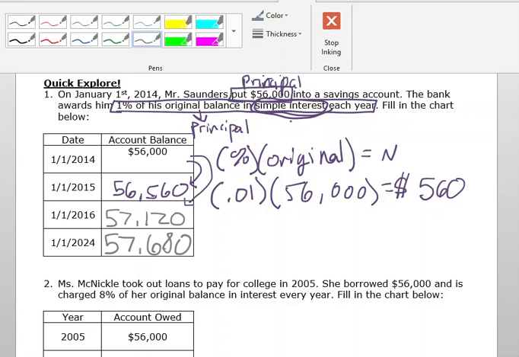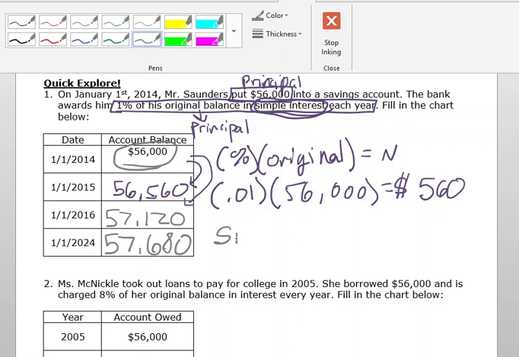Okay, so fill in the chart below. I found only the 1% of the principal, the original amount of money, because with simple interest, the interest is based on the original principal and does not change with the balance.